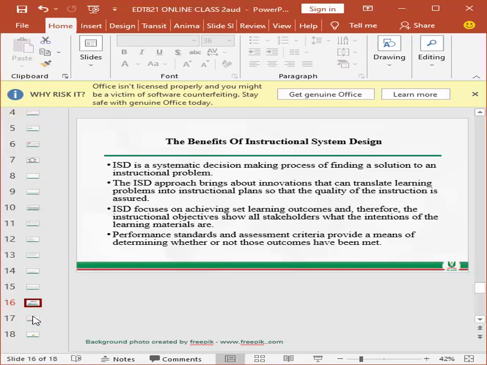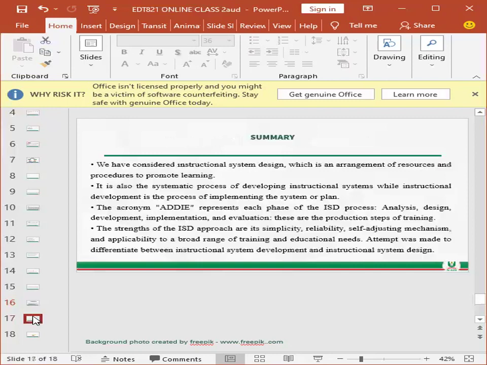So far, so good. We've been able to consider instructional system design, which is an arrangement of resources and procedures to promote learning. As well, the system process of developing instructional system while instructional development is the process of implementing the system or plan.